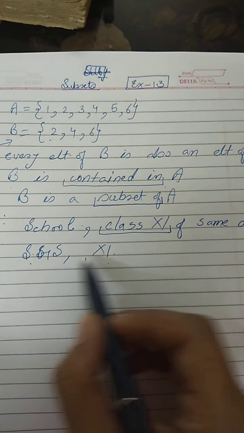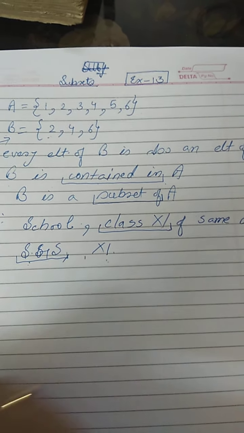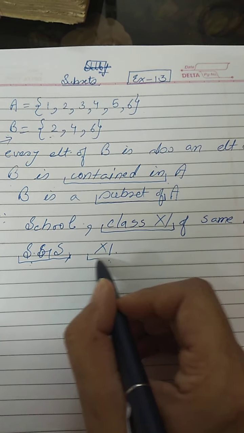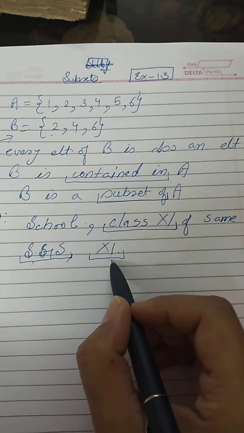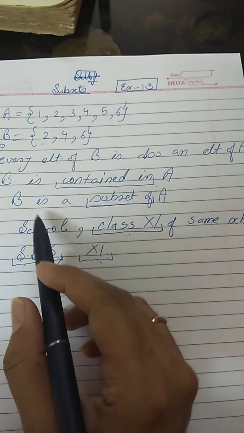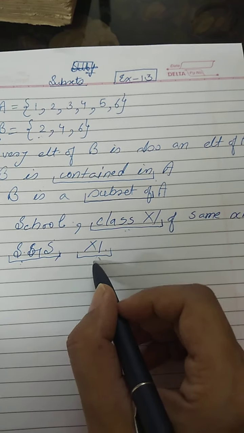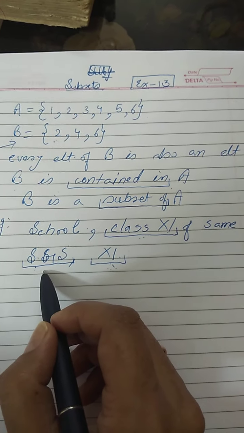Now what is the relationship between these two things? This is also a collection of students, and this is also a collection of students, but each and every student of class 11, since we are taking this class 11 of the same school SGS, is also a student of SGS, right?